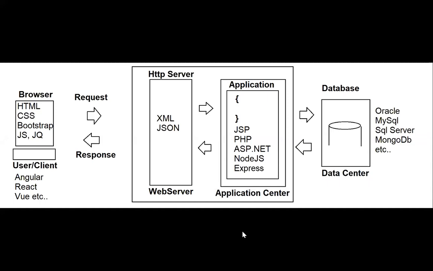The application gets the request from the client. Who manages that request? The HTTP server. It processes the request, communicates with the application, gets the data and sends it as a response. But whatever response comes, it should be in an understandable way.